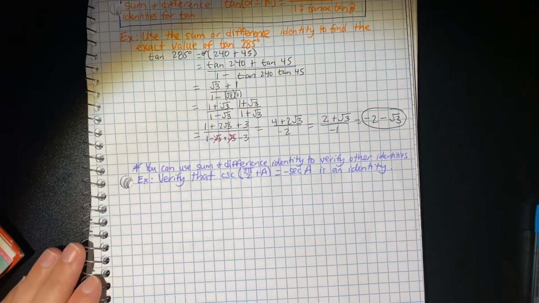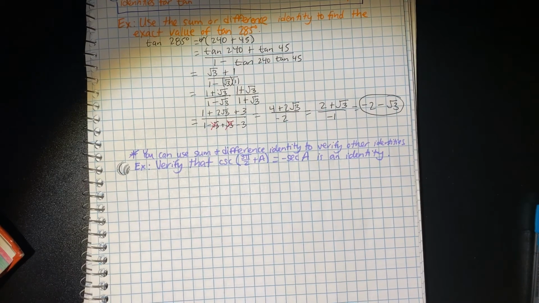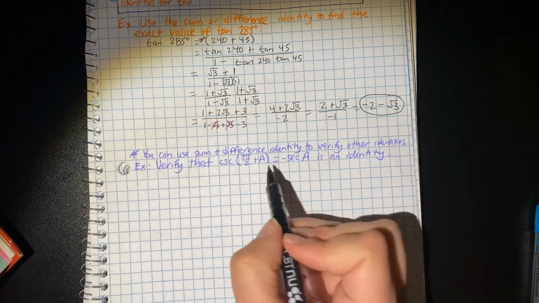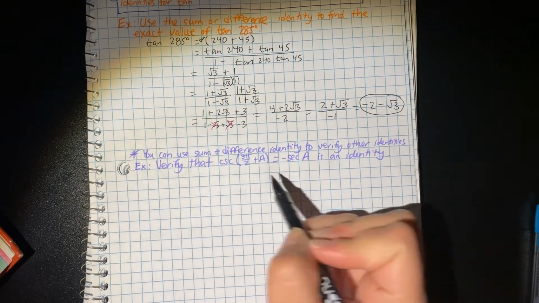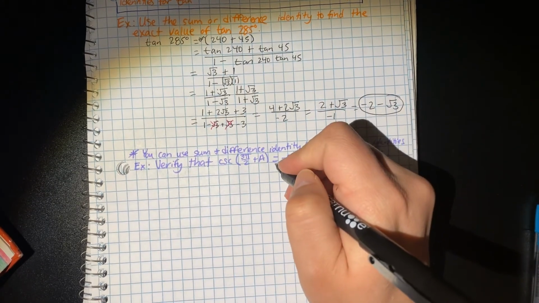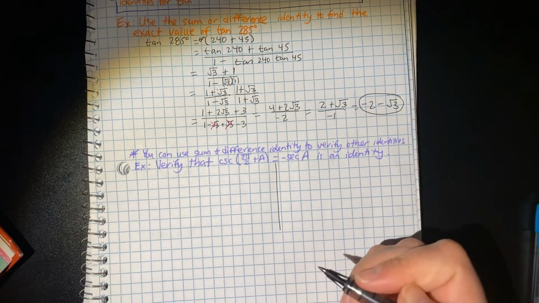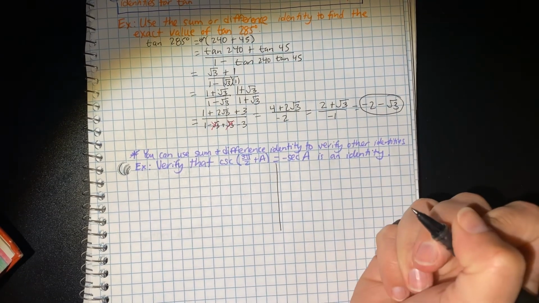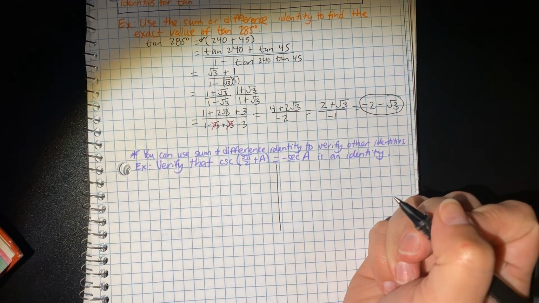All right, last one. You can use the sum and difference identity to verify other identities. Okay. So verify that cosecant of this minus secant of A is an identity. So let's transform this more complicated side to try and equal negative secant of A. Okay, so we'll draw that line down.